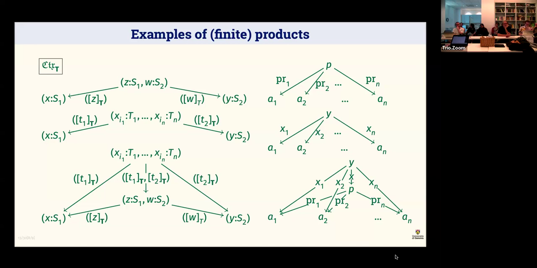And well, we've checked it already because it was one of the examples we had when we tested how that category performed. Here you see, in order to check that this composite is the same as that arrow, one has to take into this term the substitution of the variable z with the term t1 and the substitution of the variable w with the term t2, but w is not there. And z is exactly saying, look, take just the first component. In fact, on the other side, there is w.